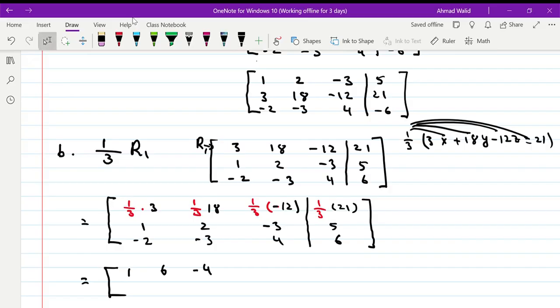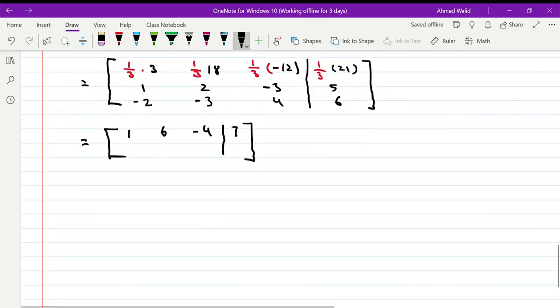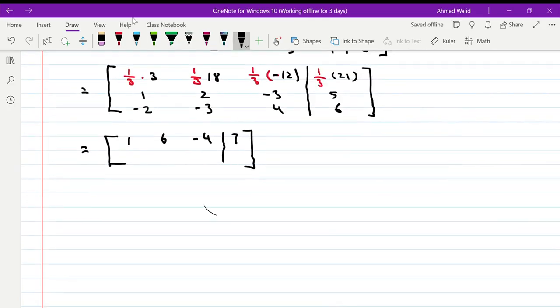And 1/3 of 21 is 7. Copy row 2 and row 3 as they are: 1, 2, -3, 5, and your row 3 is -2, -3, 4, and 6. That's part B.